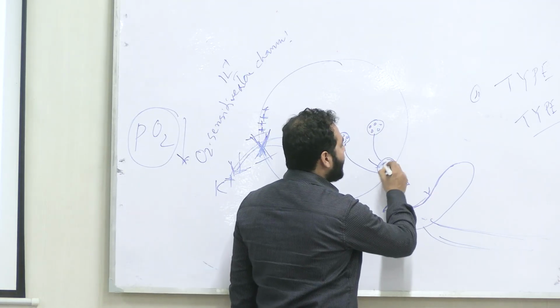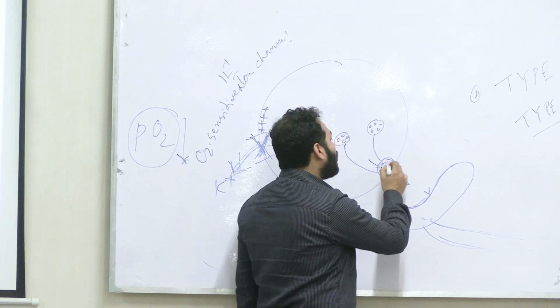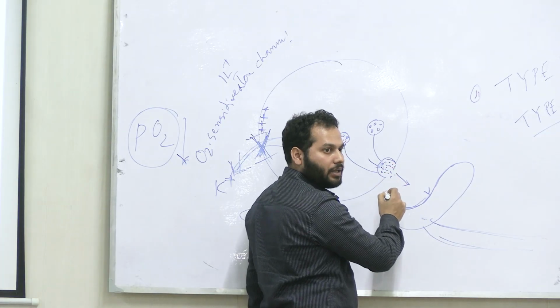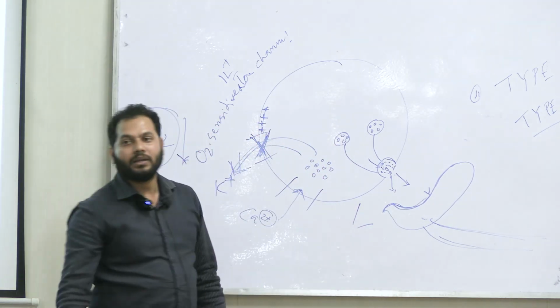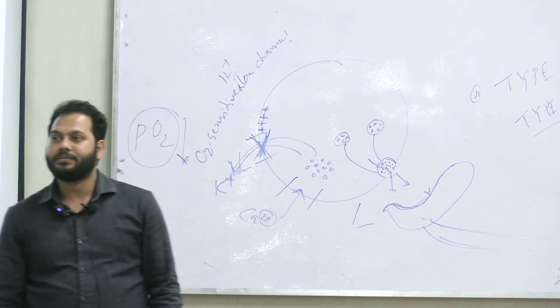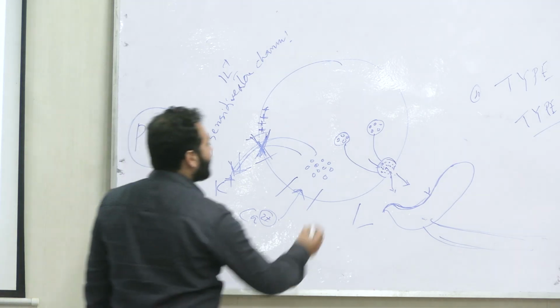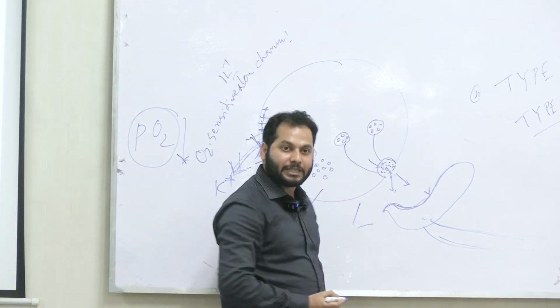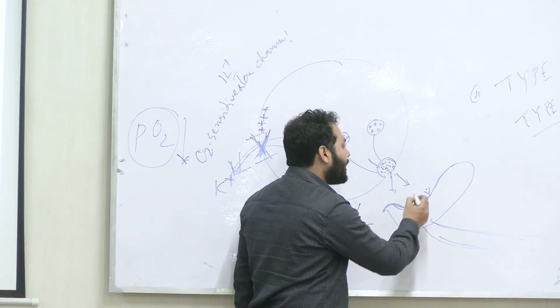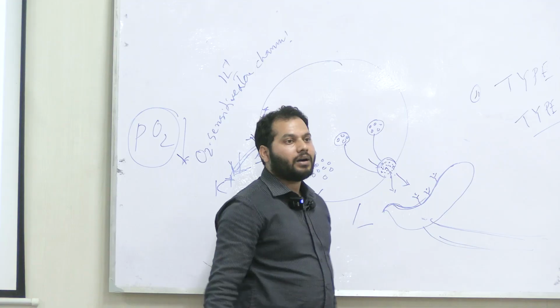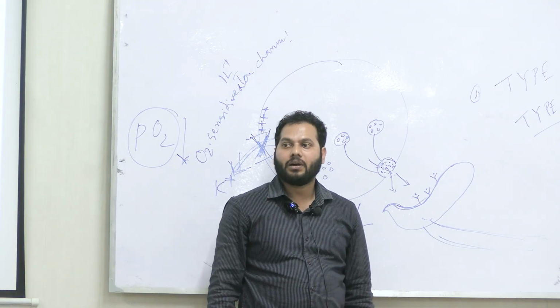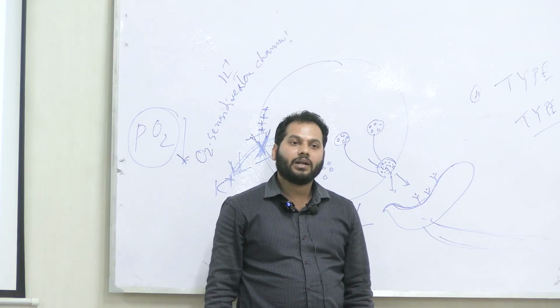And this acetylcholine as well as the dopamine molecule will be released into this cleft region. Immediately after the release of those transmitters, they will bind to the specific receptor, right?